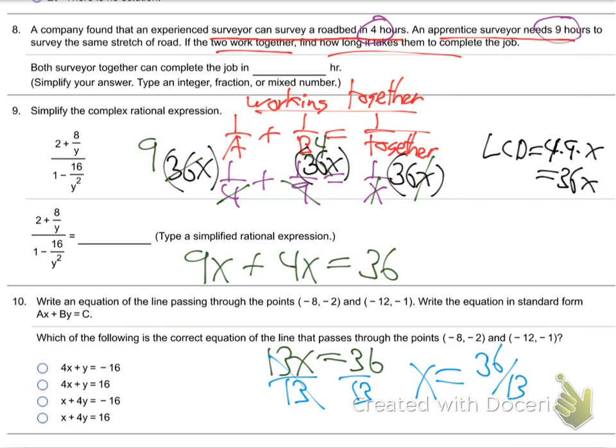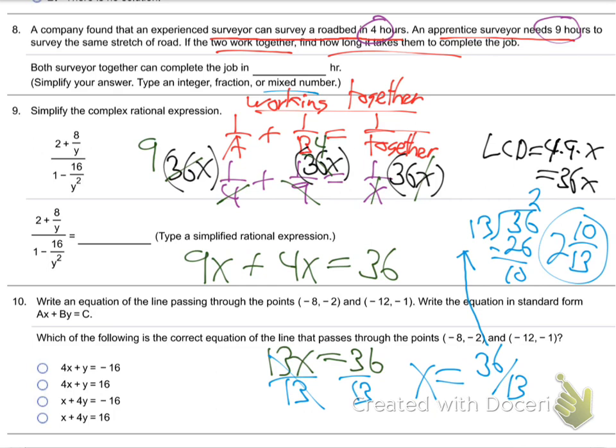X is 36/13. They want a mixed number. To make that into a mixed number, you divide the bottom into the top, goes in there 2 times, 26, remainder 10. So it's 2 and 10/13.